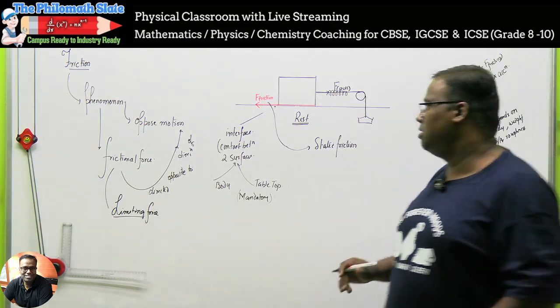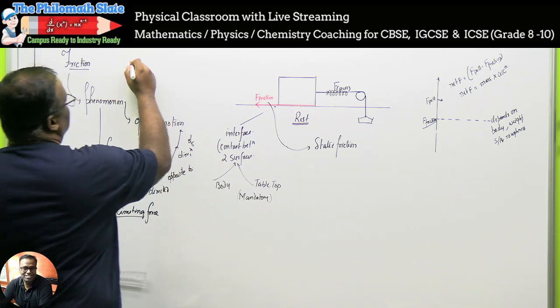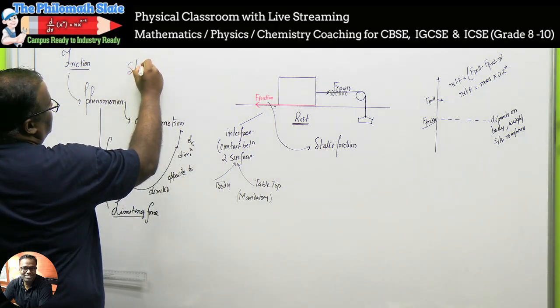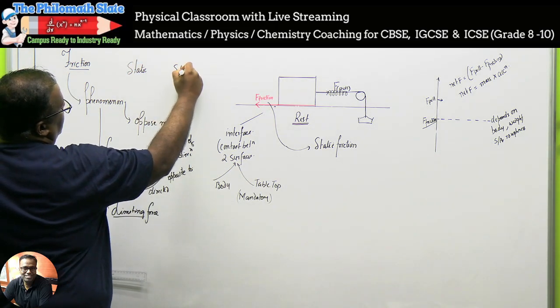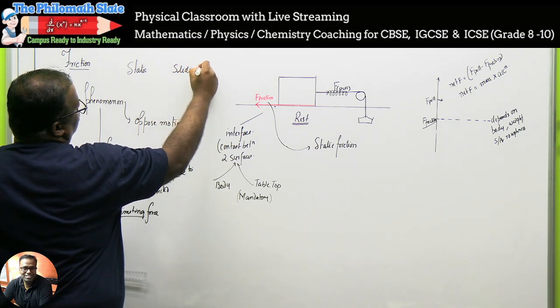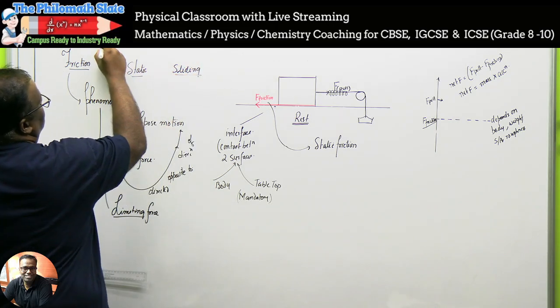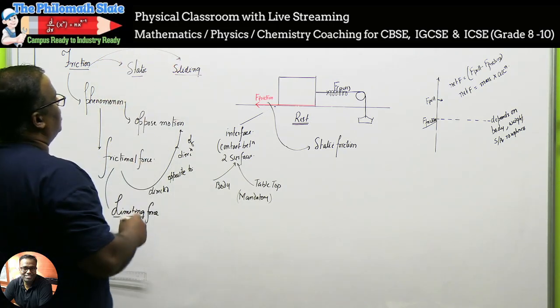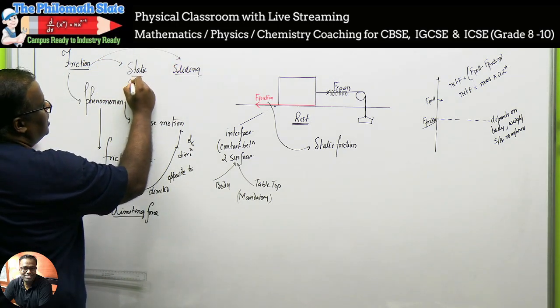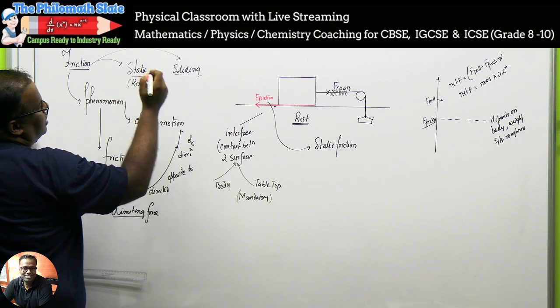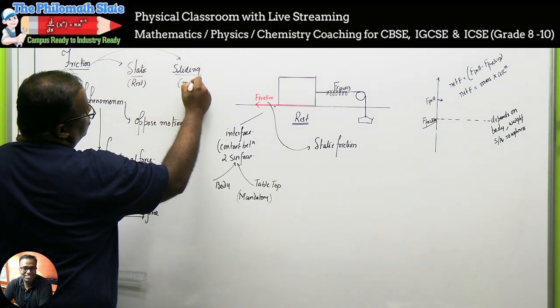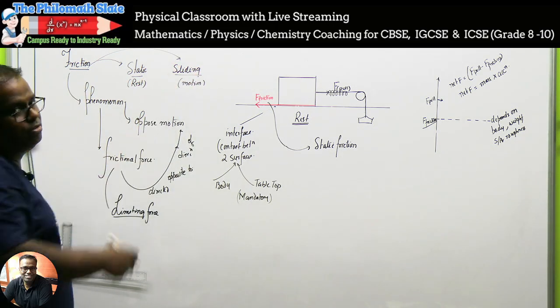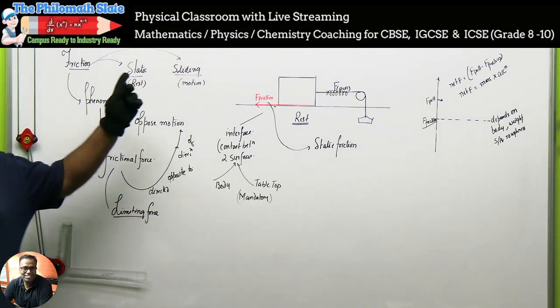Please understand the difference between static and sliding. The friction is the same. Friction can be static friction or sliding friction. For static friction, what is the necessary condition? The body is at rest. For sliding, the body is in motion. When does static convert to sliding?